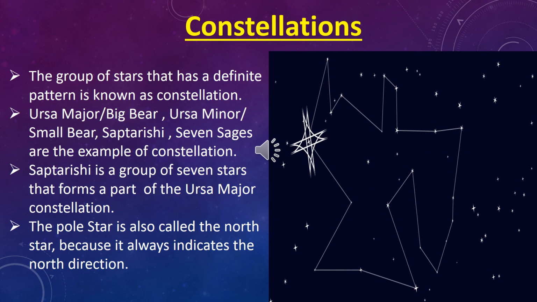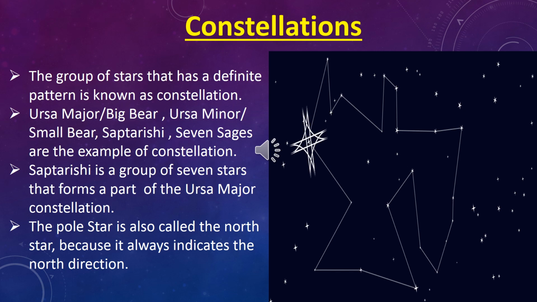Now comes constellations. We see millions and millions of stars in the night sky. Some of them appear to be in groups, forming a definite pattern, a particular pattern. So the group of stars that has a definite pattern is known as a constellation. Definite pattern means if it is round or if it is square, an already decided pattern.